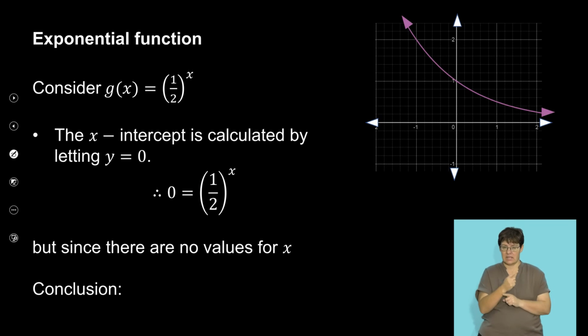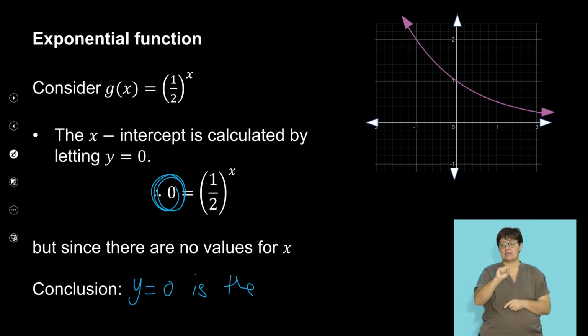Now, as I said, the x-intercept, we know, is calculated by letting the y be 0. But there are no real values for x for this thing to be valid. There is no way that you can write 0 as a base of a half so that you can equate the exponents, because that's what the rule of exponents is. So the conclusion will be y equal to 0 is the asymptote, right?